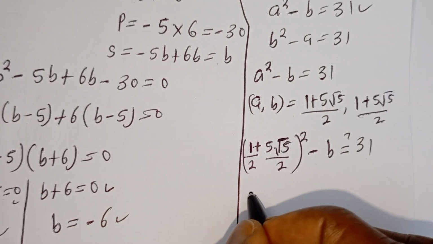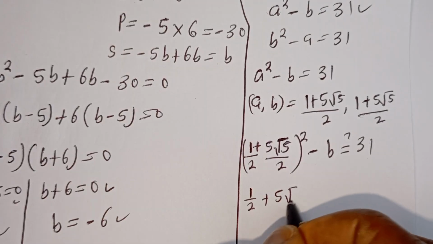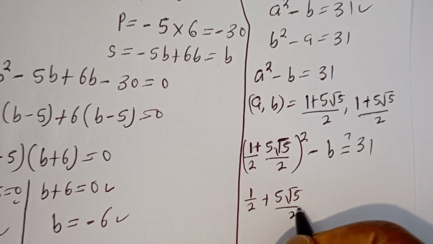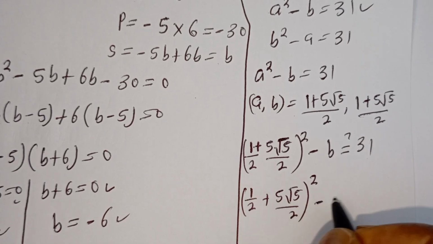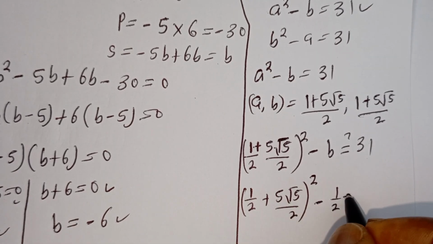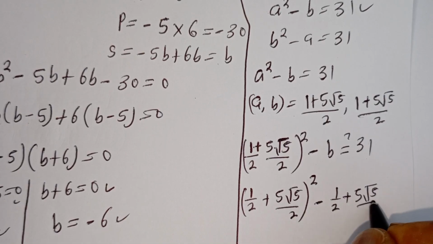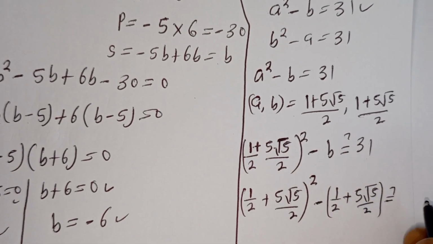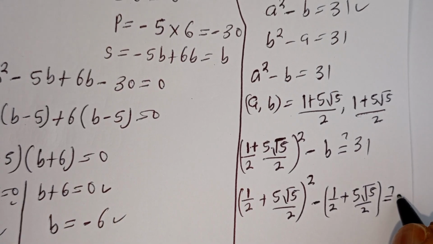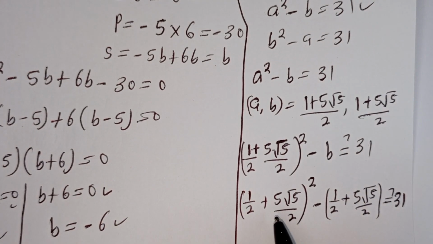So we have 1 over 2 plus 5 root 5 over 2, all squared, minus 1 over 2 plus 5 root 5 over 2, must be equal to 31. Now let's expand this.